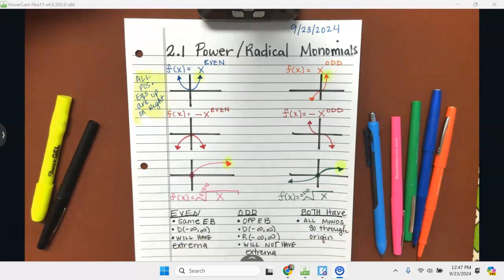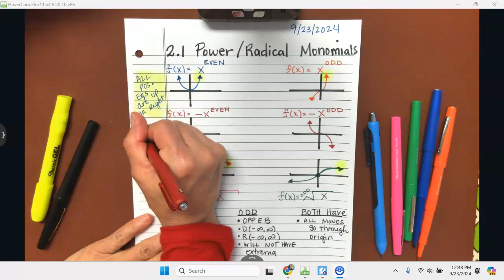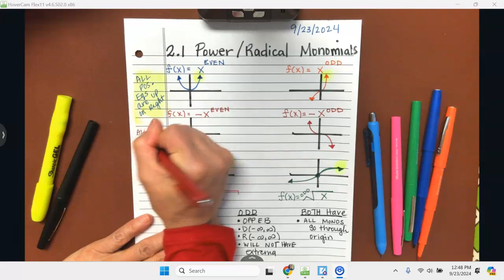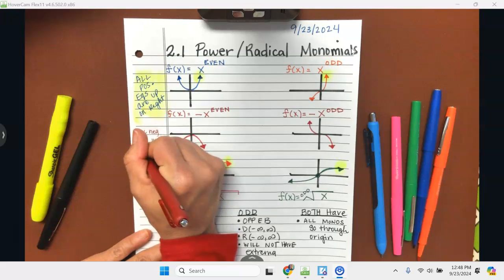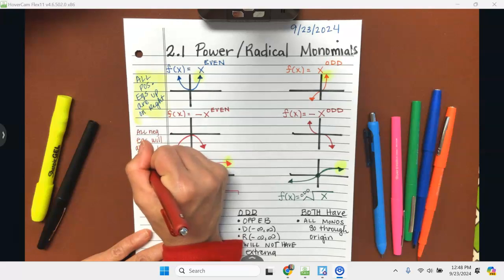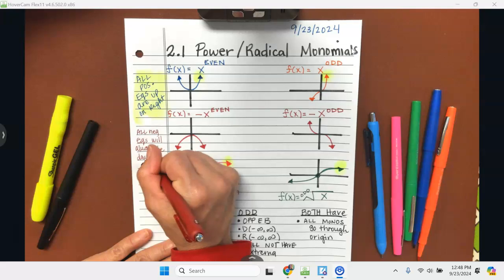All right, just like over here, on the flip side, all negative equations will always be down on the right.